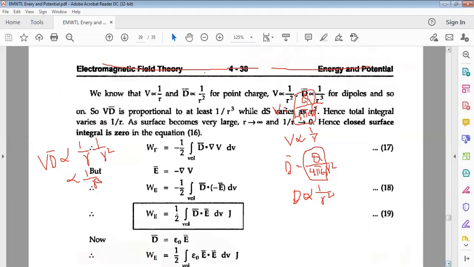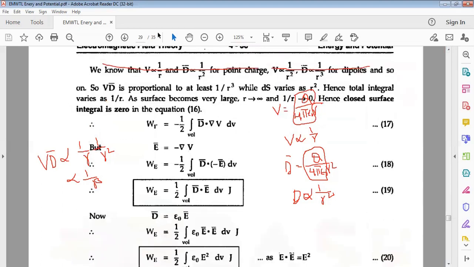So 1 by r cube into r square, the r square of ds and the cube will get cancelled. The total term is proportional to 1 by R, the first integral.